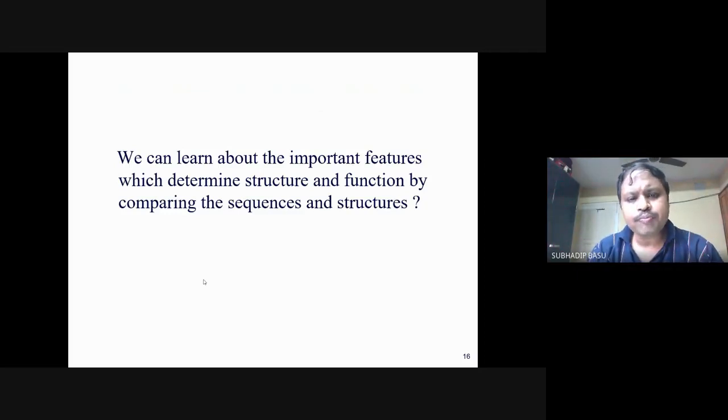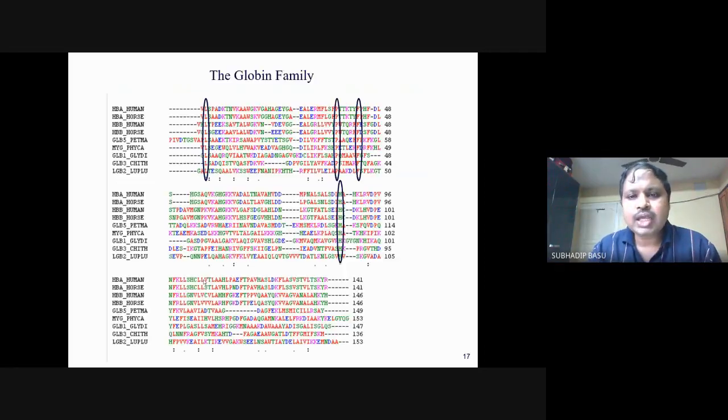So how do we relate the sequence and the structures? For example, in the globin family, we can see that there are conserved parts, so these regions are really conserved very well.